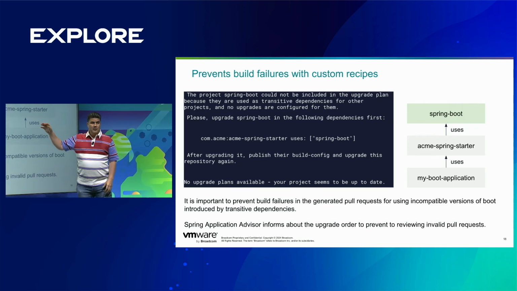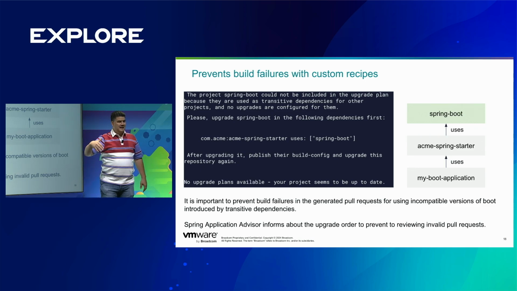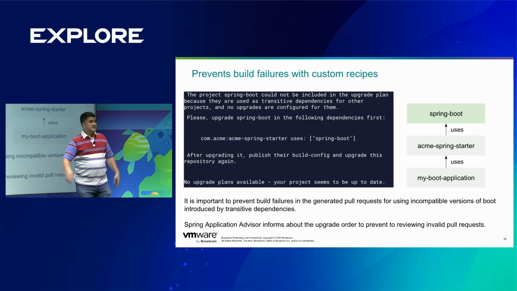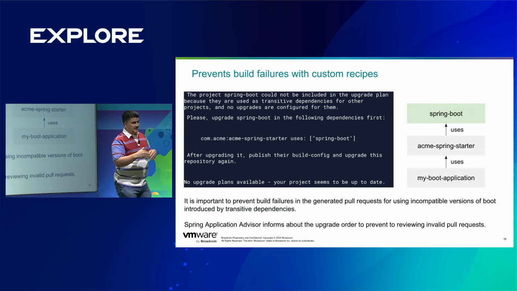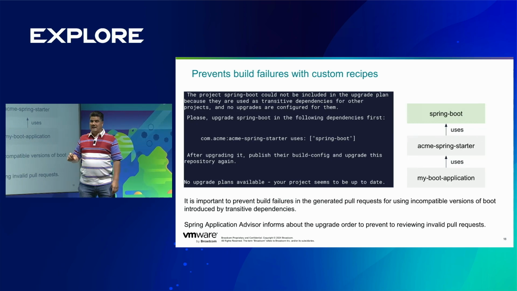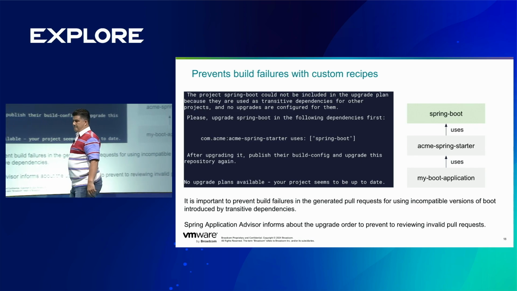But in order for an application that is a consumer of that to make the upgrade, a lot of times that library has to be upgraded first. We can put that in here. Also, you can do your custom extensions here as well. You can do some modifications to configuration files and be able to say, here's my library, and here's how you get the new version. And so you can add your own recipes there. Okay.